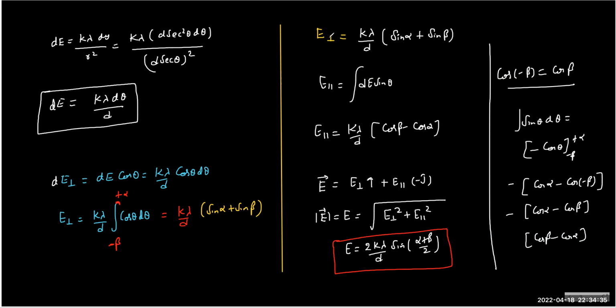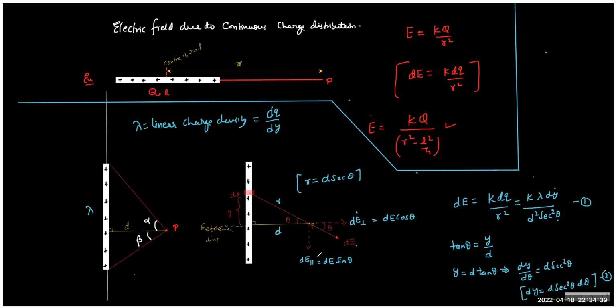Great. So now what you can see in the answer, the total angle is how much? Alpha plus beta. So this is called the total angle subtended at the point P. So what we need to realize is that the net electric field is 2k lambda by d into sine of angle subtended by 2.